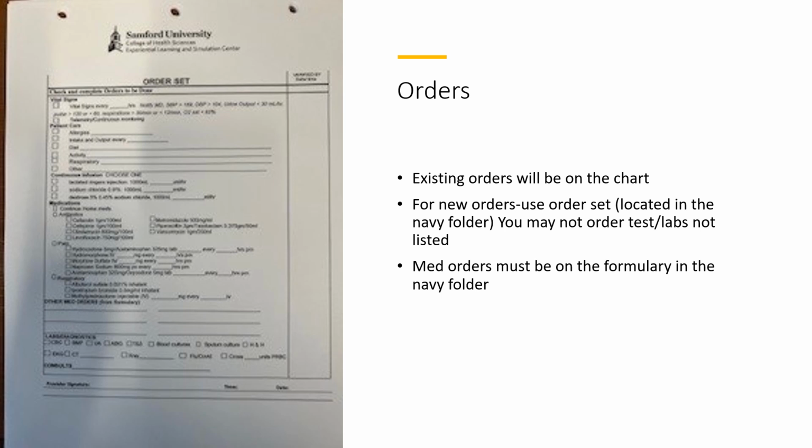You may not order tests, labs, or meds that are not listed on this order set or on the formulary that's in the Navy folder. There are a few blanks to write in orders if you cannot find what you need listed. However, it is not guaranteed that these orders will be able to be carried out.